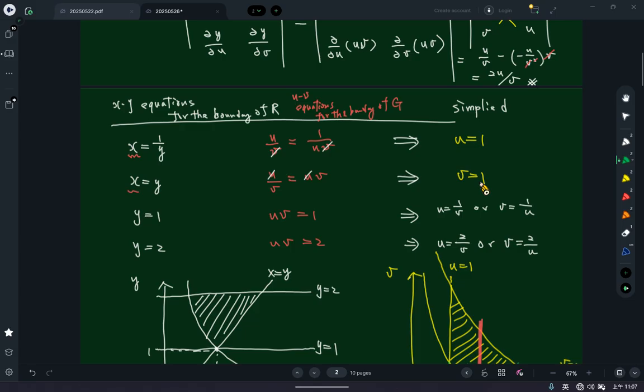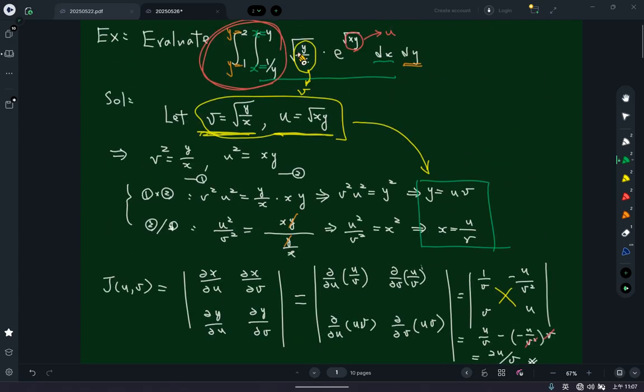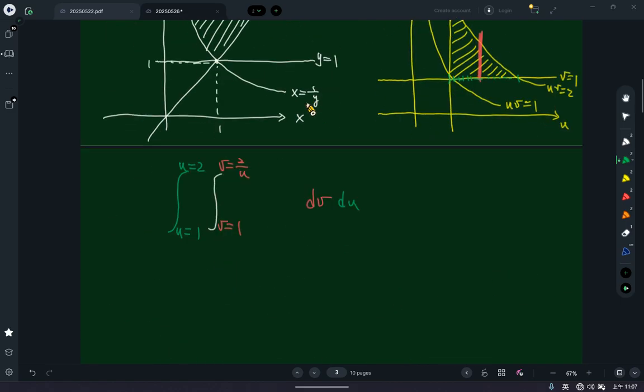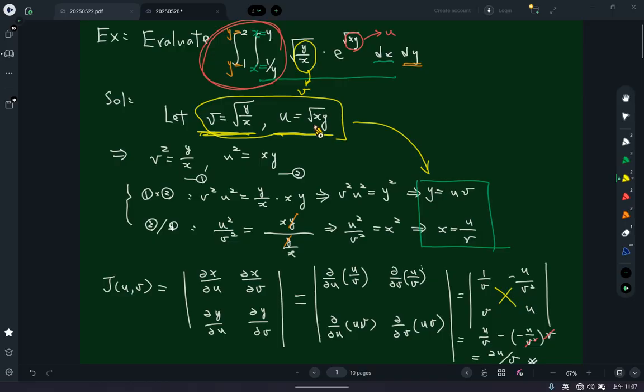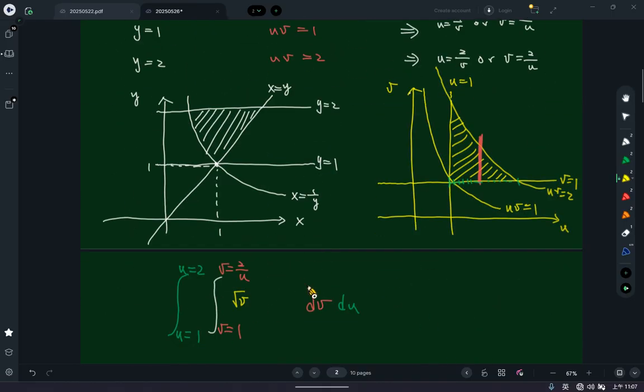part, originally the integration form here, you can see this is y over x, but I just assign it as v. So you can see here will be square root of v. Oh no, I just assign v, so we don't need the square root of v. So we just assign it as v, right?